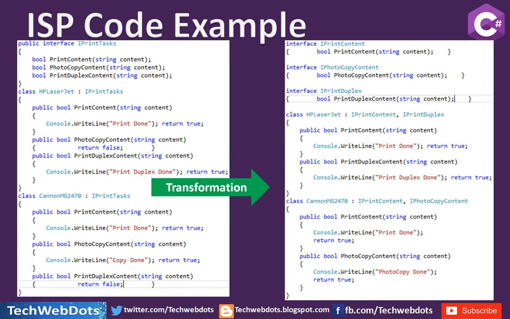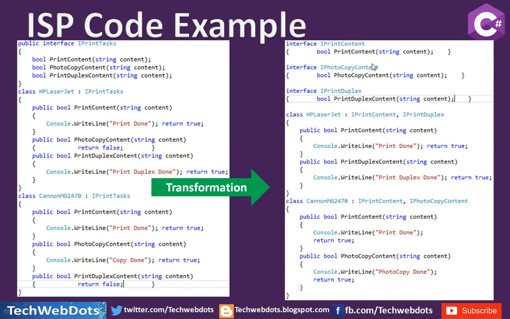And in the same way, if we have a second printer, which is a Canon, and it is also inheriting IPrintTask, you can see it can only print content and photocopy content, but cannot work with duplex content, okay. So how can we solve this problem?